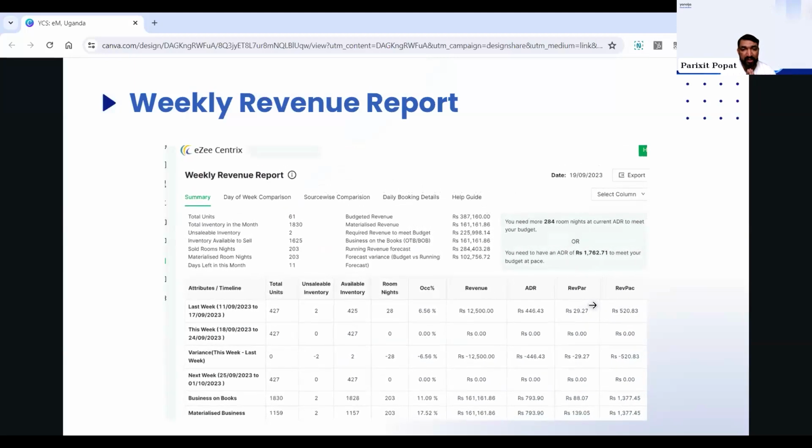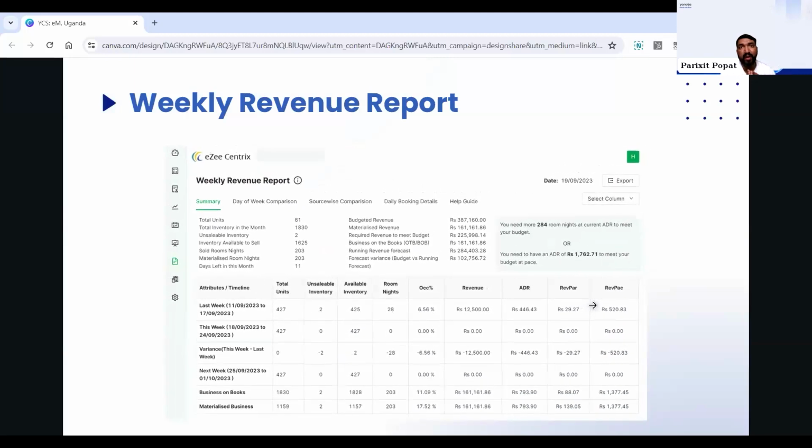Another very important feature that we have created in this system for your analysis is your weekly revenue report. This report comes to you every Monday, or the first day of the week that is set in the system, at around 9 a.m. again, where you can see what the performance was in the last week, what it is like in this week, and what the next week is looking like in terms of occupancy, revenue, cancellation, RevPAR, RevPAC, ADR.